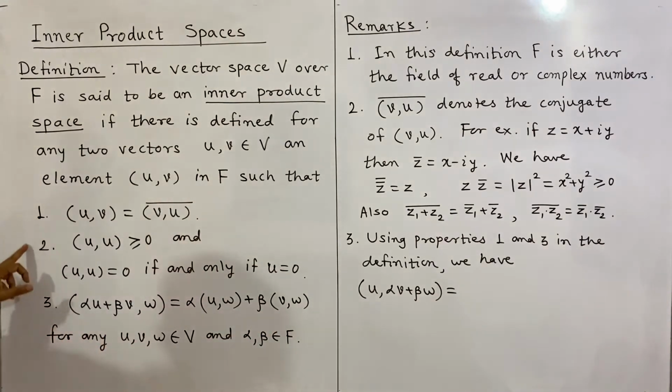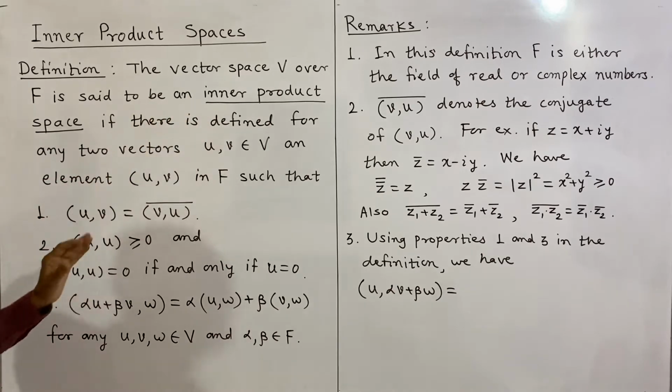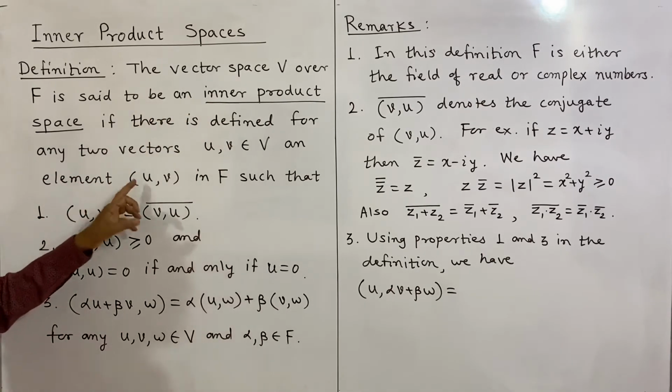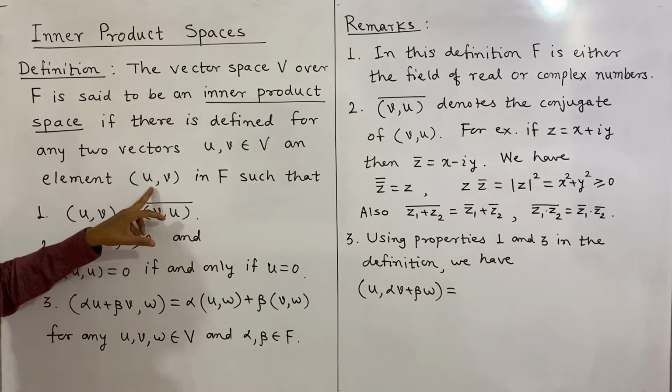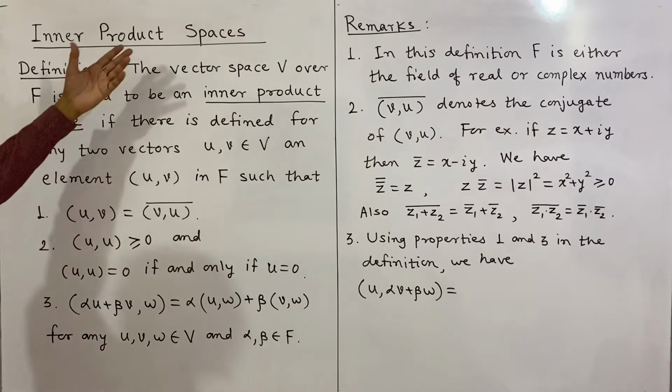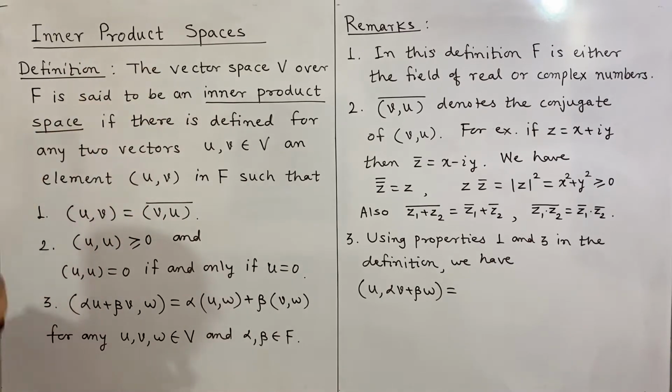So, these are the three properties which are necessary to define an inner product. If these three are satisfied, then we say this is inner product, and the vector space becomes inner product space.